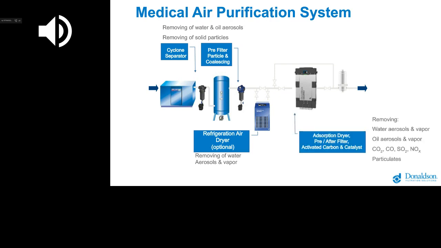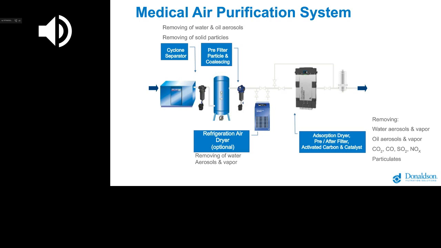The next stage is the absorption dryer, and this is the most important part of the system, because it includes a pre and final filter to ensure the level of particulate is always met as a minimum class 2.